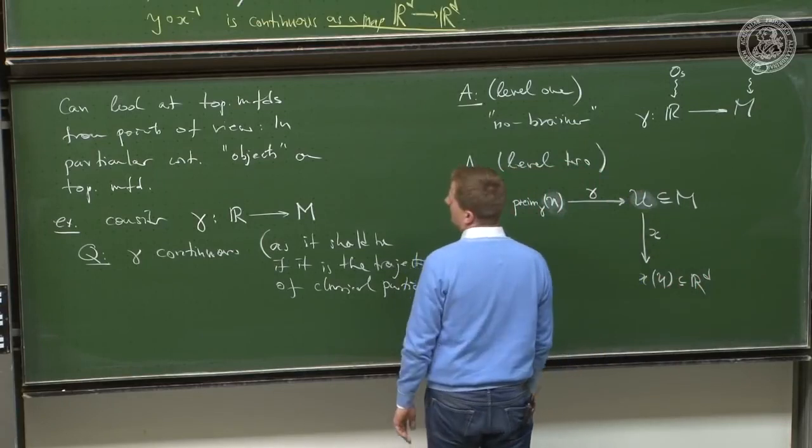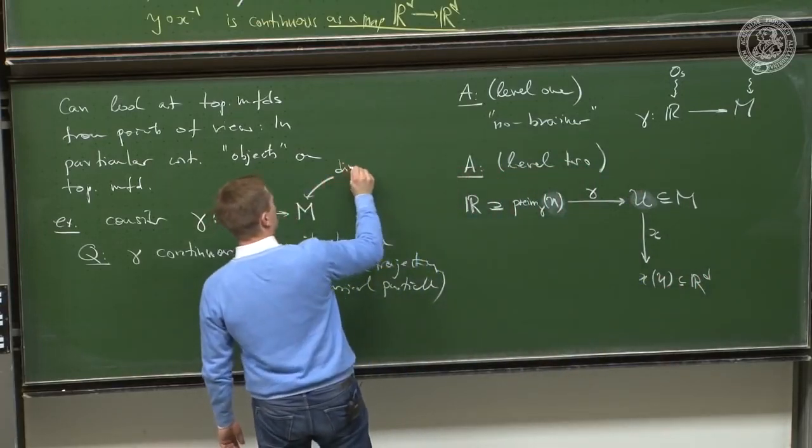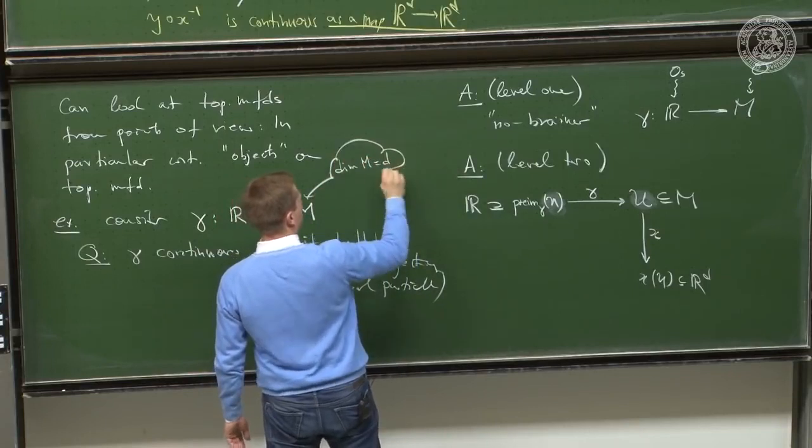Let's say M is a d-dimensional manifold, dim M equals d.